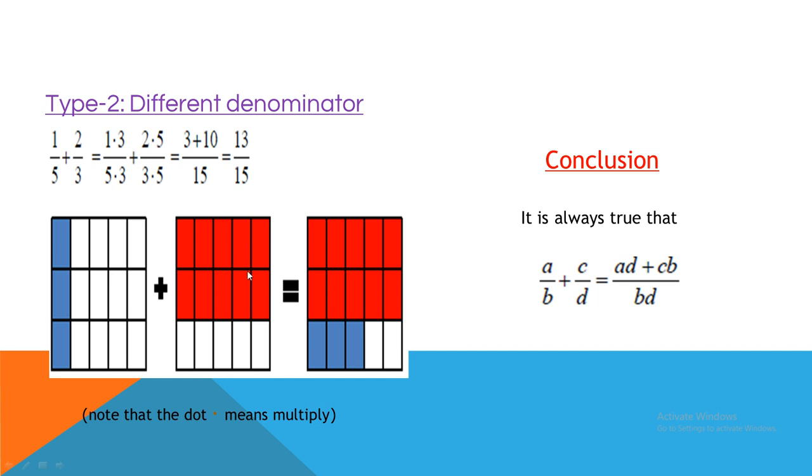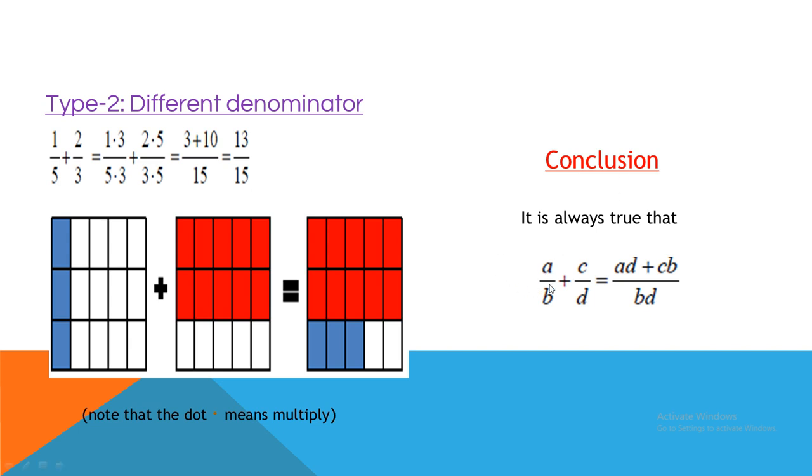So we shade 10 boxes out of a total of 15 boxes in red color. Join them together. Okay, this is 10 and 3, 13. So 13 boxes are shaded out of a total of 15. Okay, so 13 upon 15. Okay, so this is our conclusion.